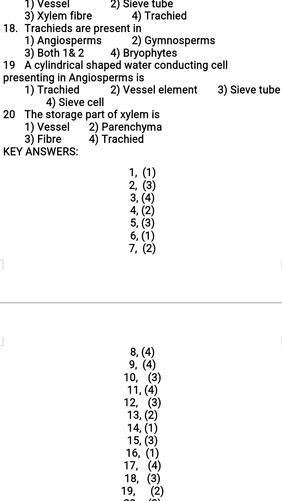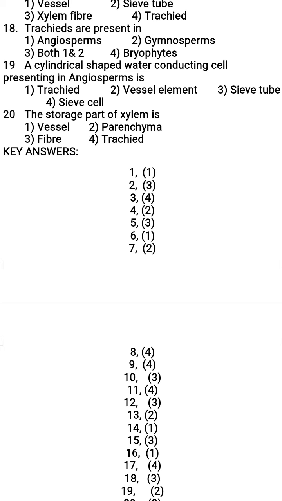Tracheids are present in both angiosperms and gymnosperms. This is a most standardized concept. Just now I explained, students, tracheids are present in angiosperms, flowering plants, as well as gymnosperms, non-flowering plants, respectively. Understand? Then let's look at the 19th question.